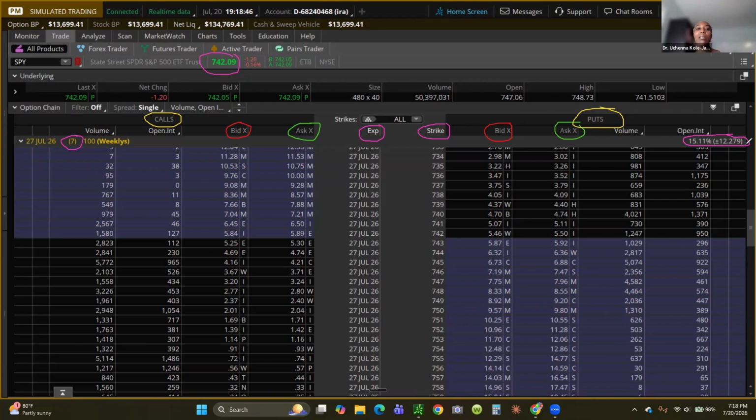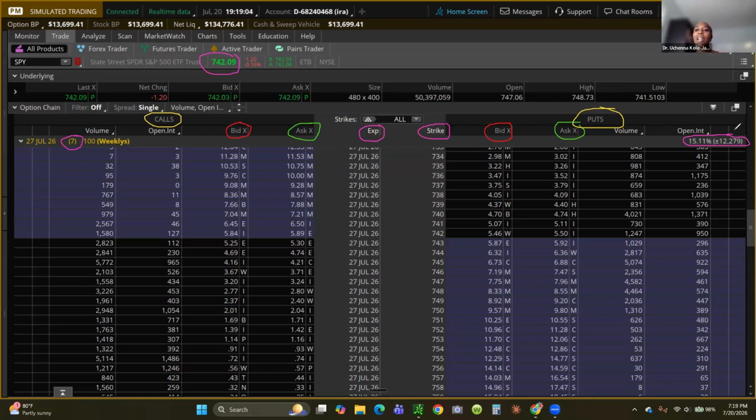Okay, so I like to look at this implied volatility so I can see if what I think is going to happen is reasonable. Okay, so if I say like the SPY is going to move up $30 in 7 days, I mean, could it happen? I guess it could happen.